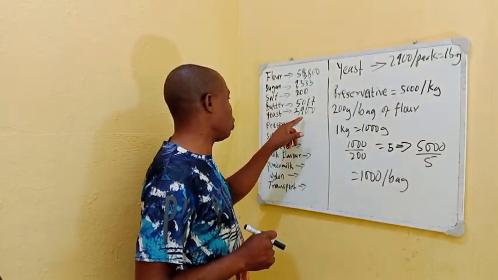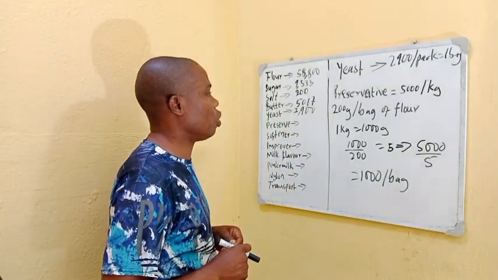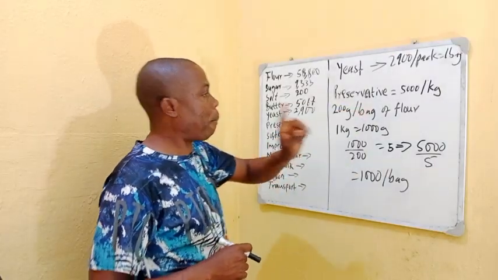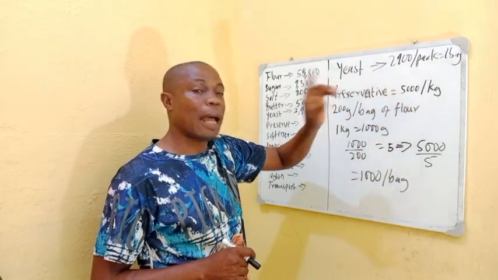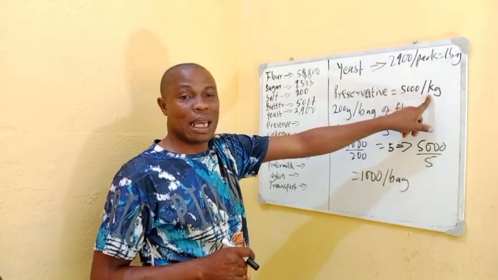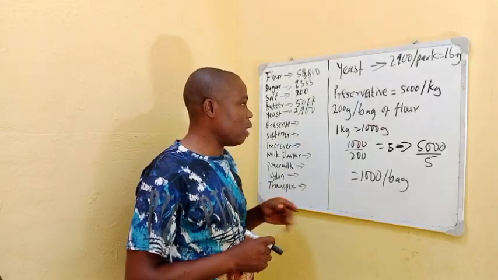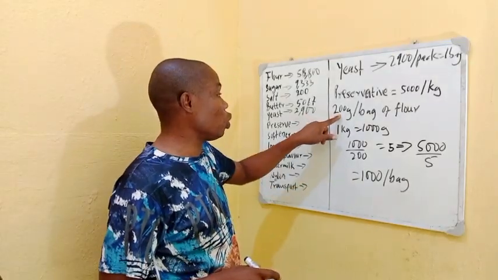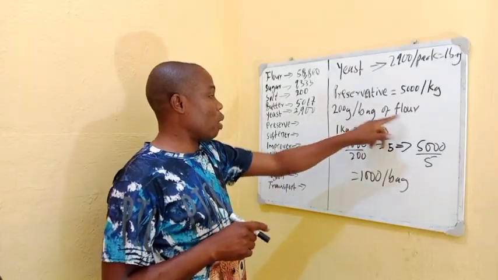So we have yeast at 2,900. For preservative, a pack is 5,000 naira, and that pack is about 1 kg of the preservative. Now for one bag, we always use 200 grams per bag of flour.